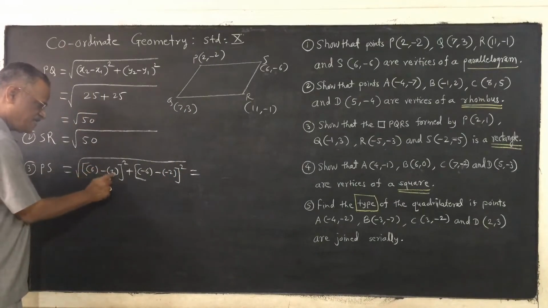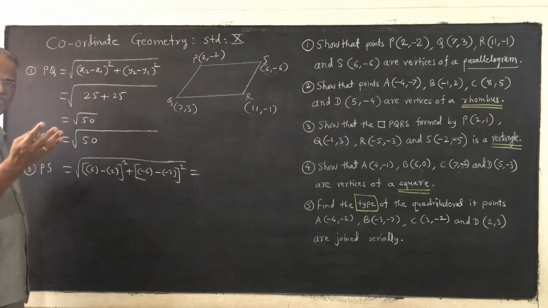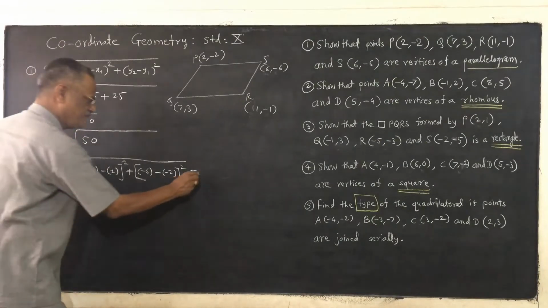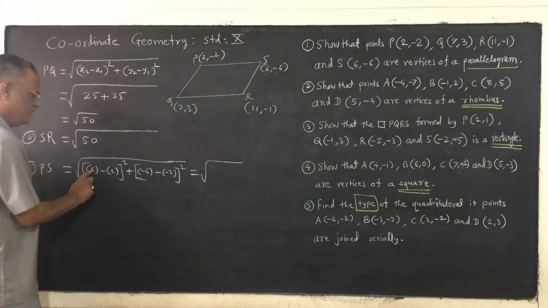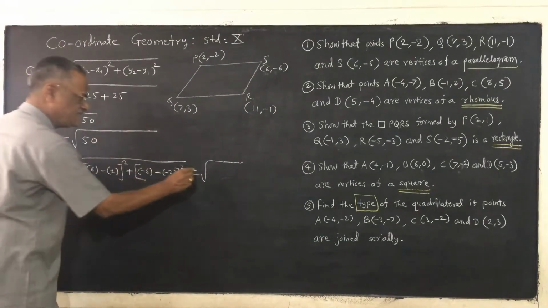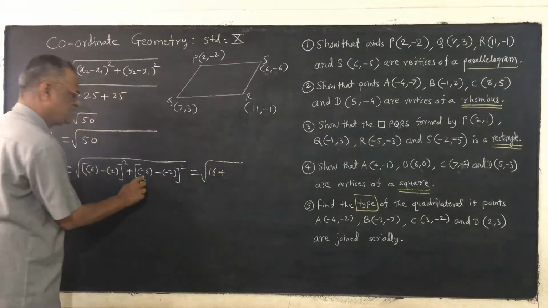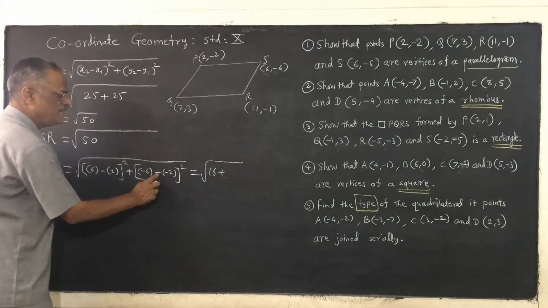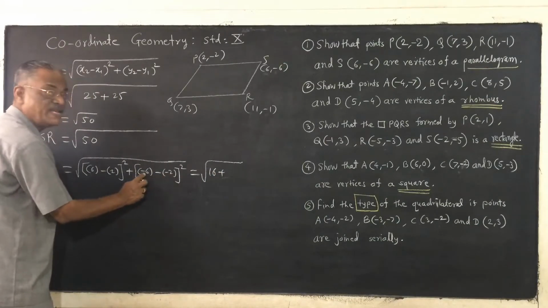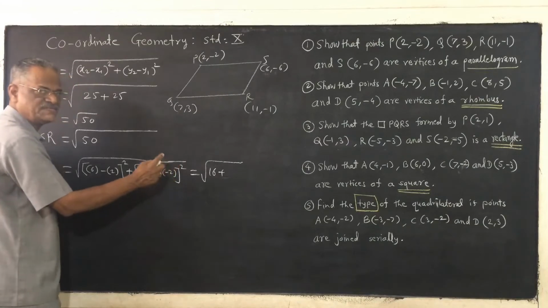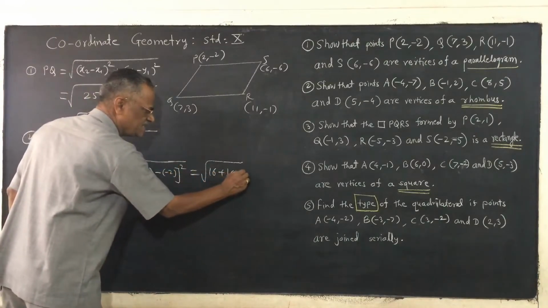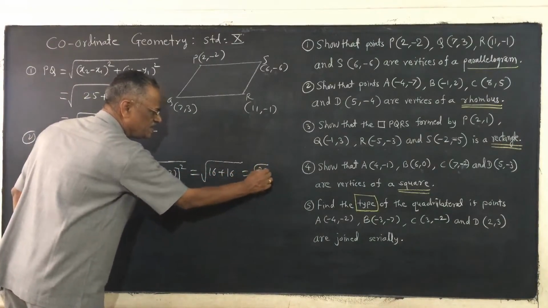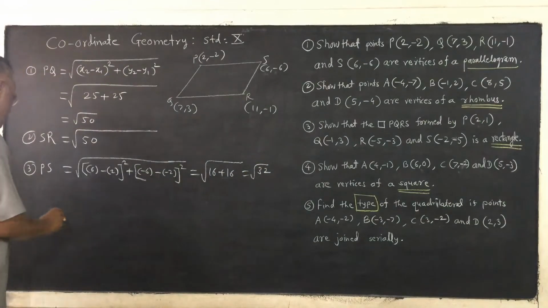In short, 6 minus 2 is 4, 4 square is 16. Plus, minus 6 minus 2, the difference is minus 4, which is again 16. So it is under root 32.